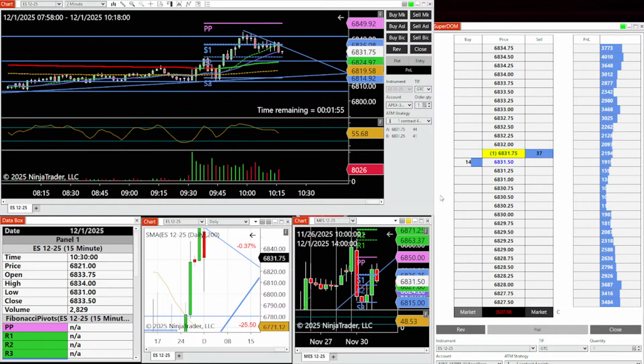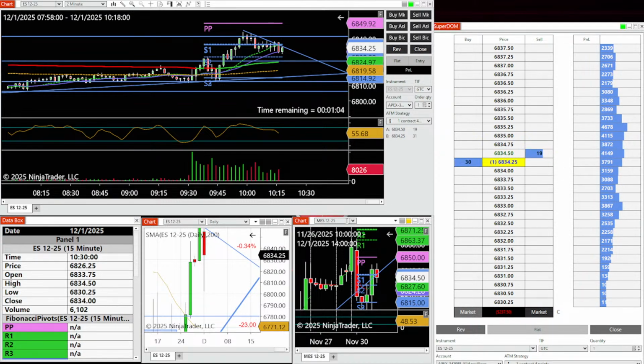Is it trying to fake the longs? Which side gets the squeeze?